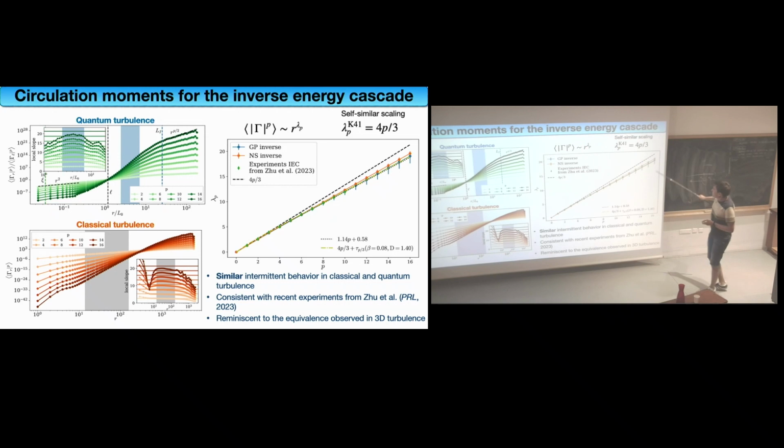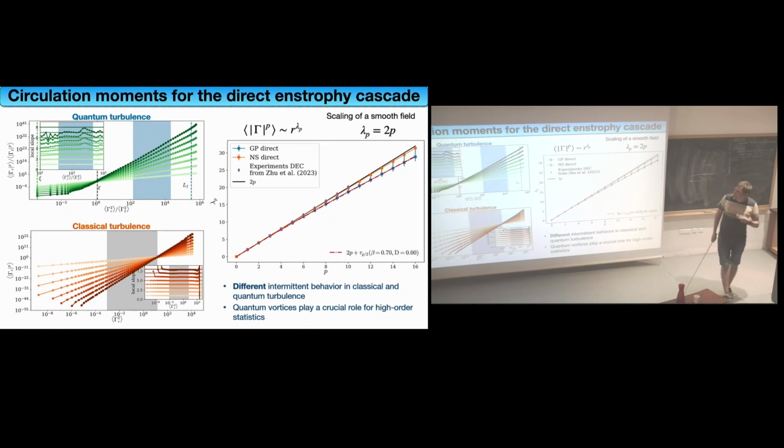This intermittency is also interesting, and we are still studying it, but this is an interesting regime. So finally, just to finish, we can go to the other regime and study what happens in the entropy cascade. In this case, we also compute the moments of circulation in this entropy cascade regime. We use the extended self-similarity method, just to compare also with experiments where they did the same analysis.